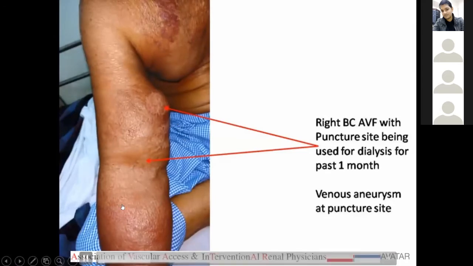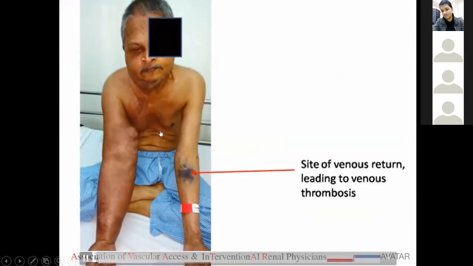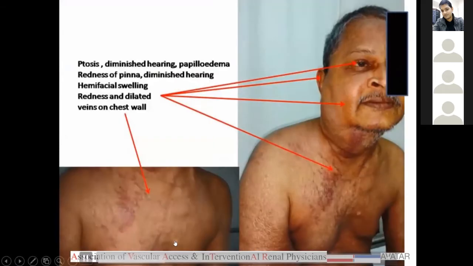So this is his arm, and through this arm they are puncturing him here and here. If you see the hemifacial swelling, ptosis, and diminished vision, and these dilated veins over the chest. So this is the problem with which he came.